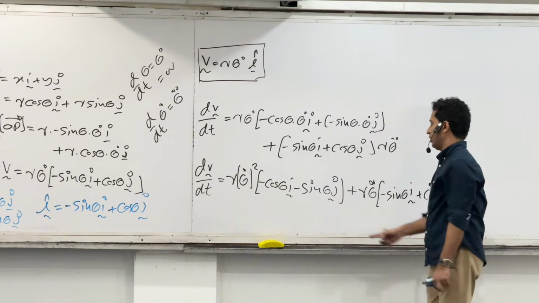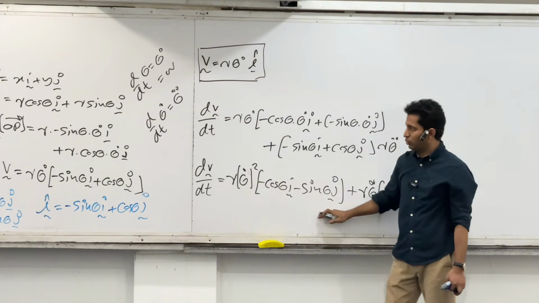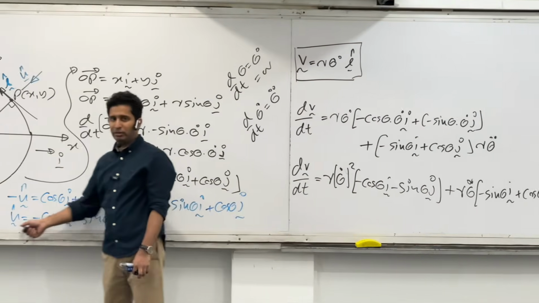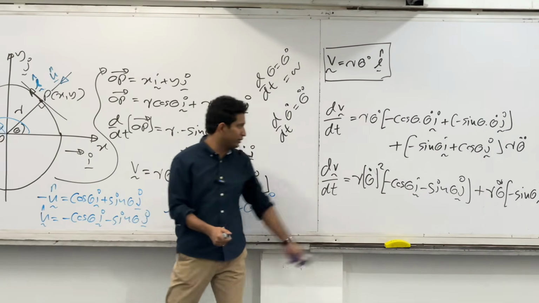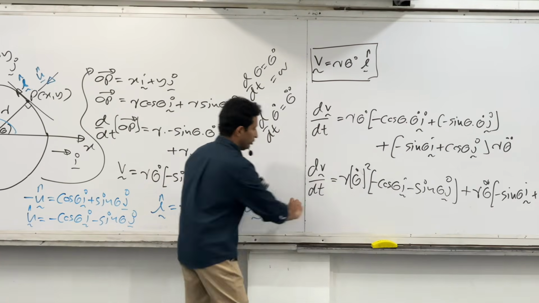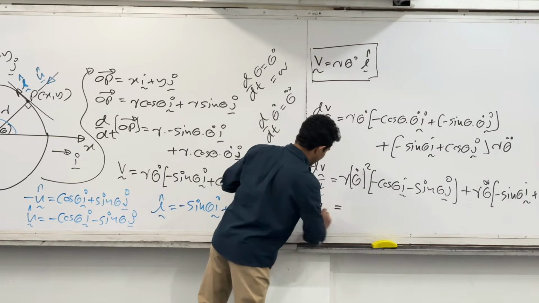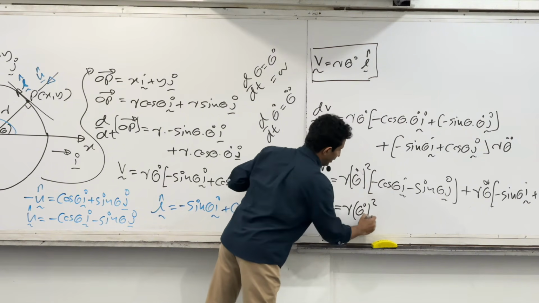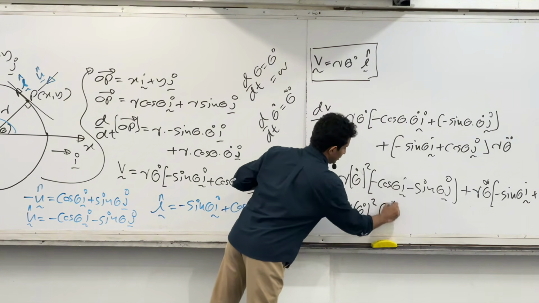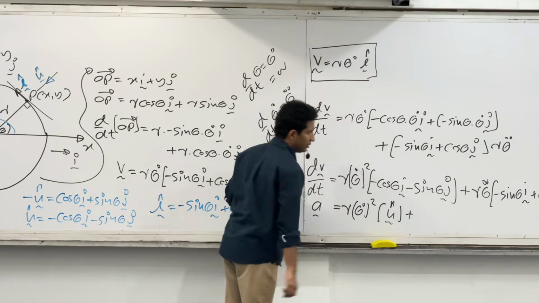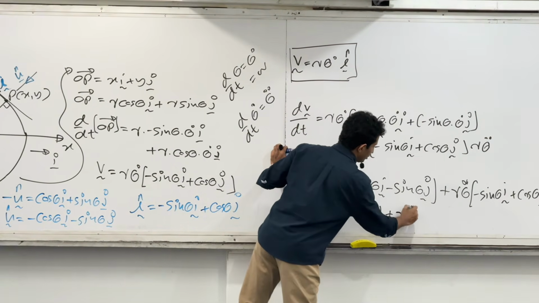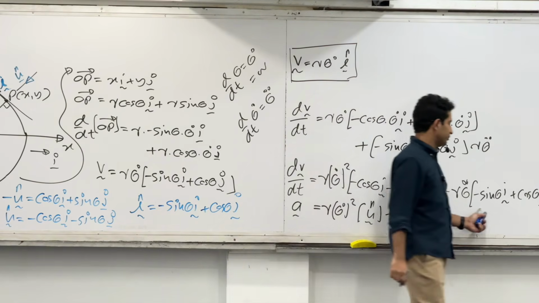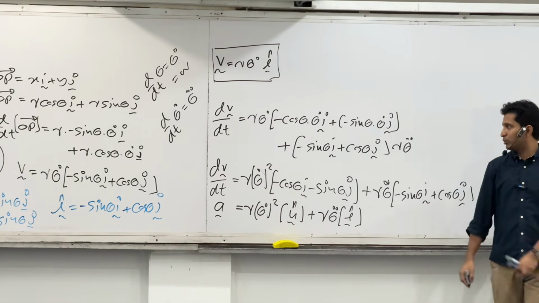What was this one? See here, this is minus u hat. Instead of this one you can put minus u hat. Now the acceleration comes as a equals r theta dot squared times minus u hat, plus r theta double dot times l hat. This is l hat.